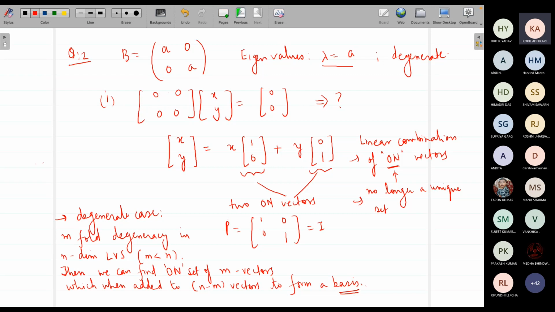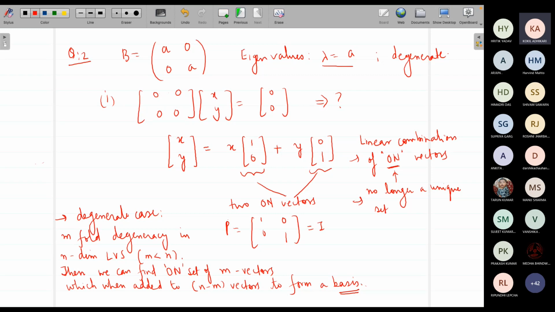So if it is an n-dimensional space with m-fold degeneracy, you can always expand in terms of those m orthogonal vectors, and those can be added to the rest of the vectors to still form the basis.